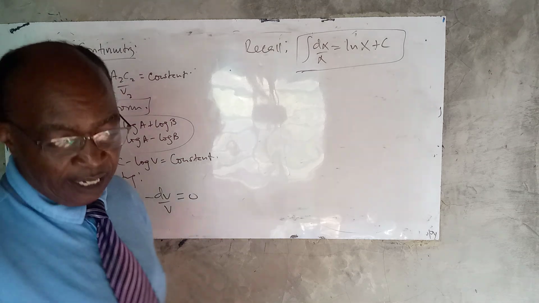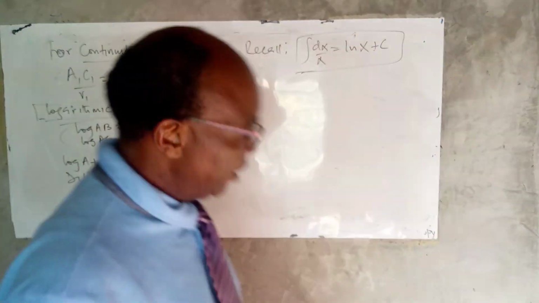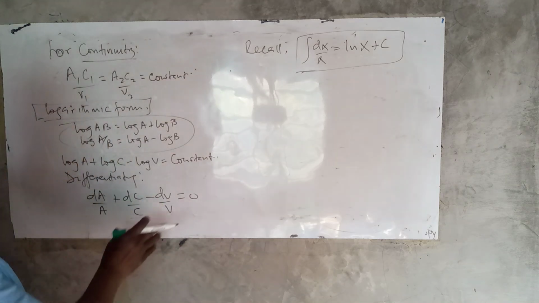So we can relate, for example, the cross-sectional area to the velocity and pressure.